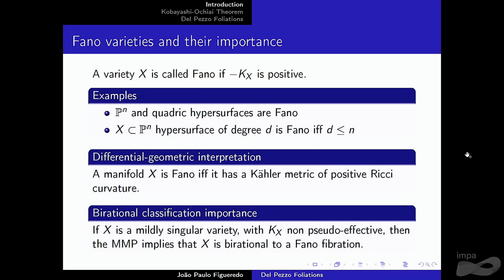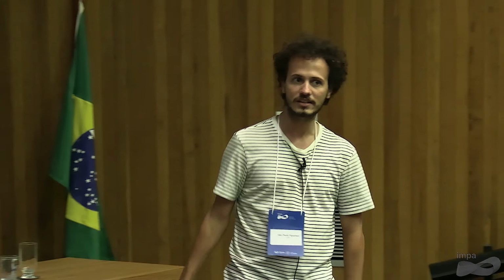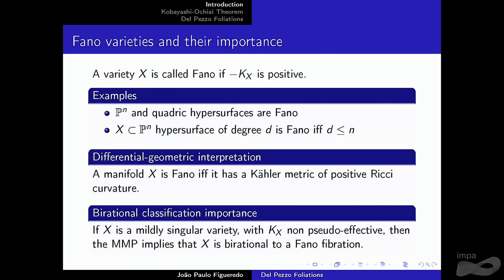So if you want to have intuition about Fano varieties from the geometric point of view, think about manifolds with positive Ricci curvature. All right? And another importance is the importance in the birational classification of varieties.